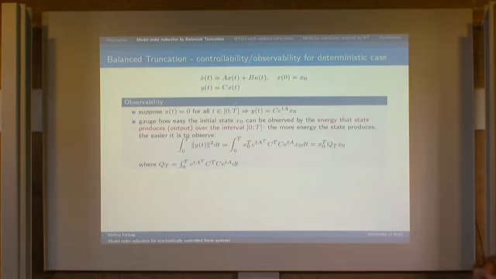If x naught is in the span of the eigenvectors corresponding to small eigenvalues, then this is very small, and then this state is not easy to observe. So that is basically observability.